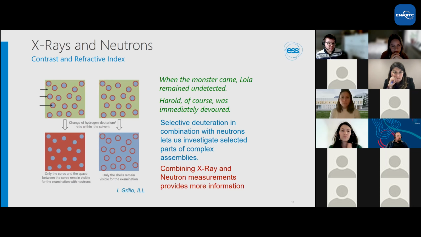And all we now see is the core of the emulsion droplets. Or we make the solvent blue, so it has the same refractive index as the core of the emulsion droplets. And we now see the emulsifier shells. So this is an example where we can make use of this isotope exchange to highlight certain features of a system. This can be applied to a lot of different science cases and hence also industrial research areas.